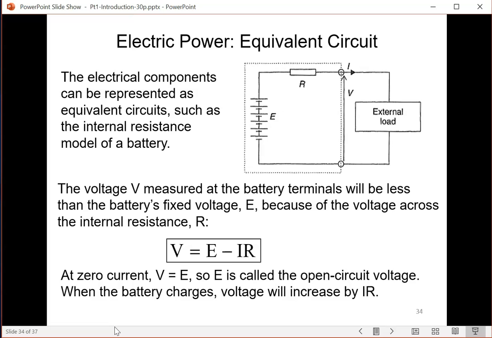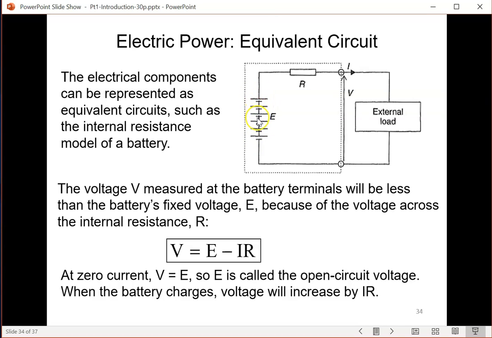Now, based on the simple formulas on the previous page, I'm going to explain this circuit briefly, and I'm sure you have seen this before, or you should have seen this before. So in this case, we have a battery pack. This long and short bar represents one battery cell each.